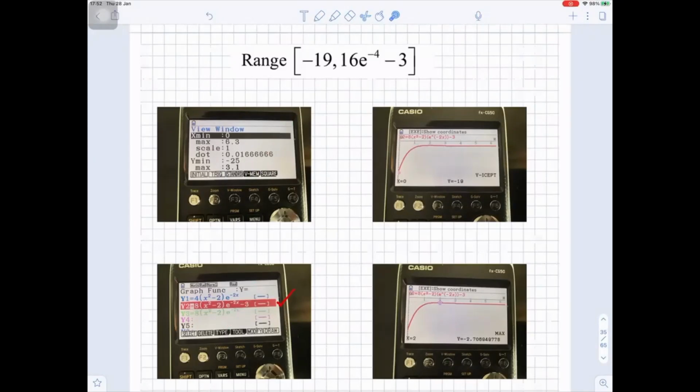And when you get 0, minus 19, that's the minimum point where you start. And then that's the maximum point. So that's minimum, maximum, or what you might say lower bound, upper bound. So that's this range. That gives you a visual understanding.